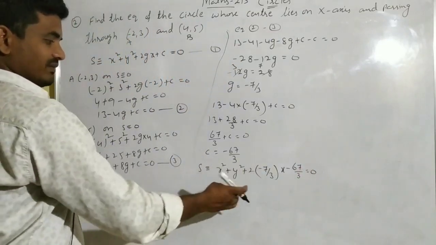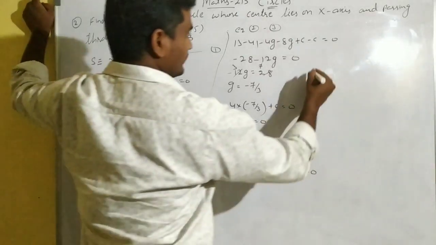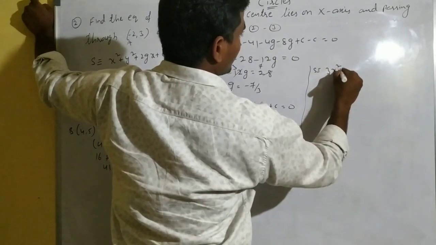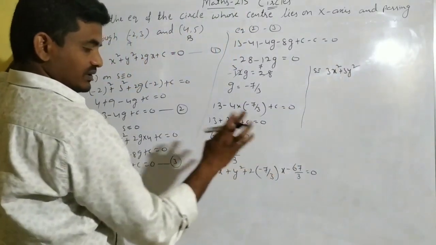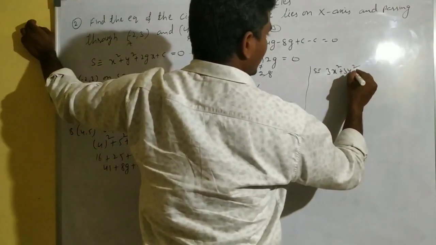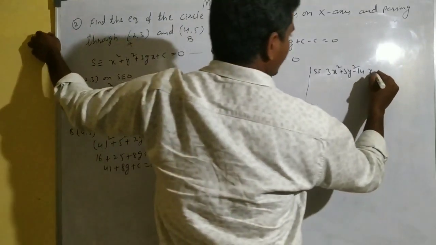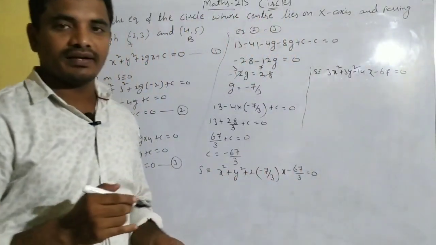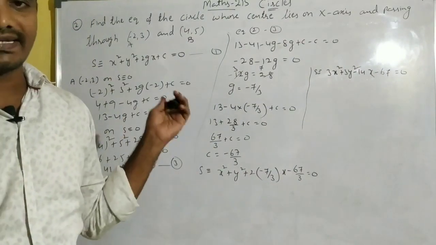When you do the LCM here, 3 is the LCM, so 3x square plus 3y square, and 2 7s are 14, that is minus 14x minus 67 equals 0. This is the required circle equation. Its center lies on the x-axis.